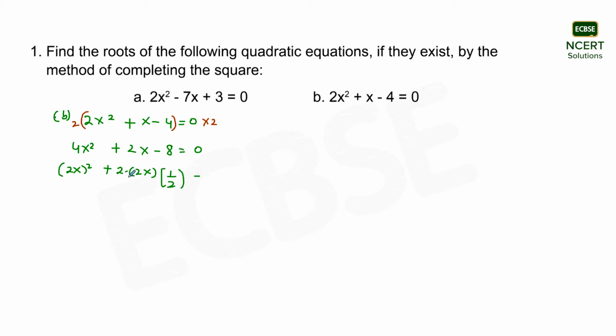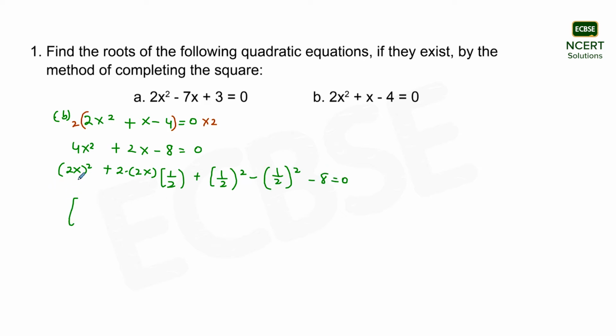So it will be 2 into 2x into 1 by 2. But here if I observe the term, it looks like 2ab, where b is 1 by 2. So in order to get the term b square, so that I can easily apply the identity a plus b whole square, I'll be adding 1 by 2 whole square, as well as subtracting 1 by 2 whole square. Minus 8 is equal to 0.